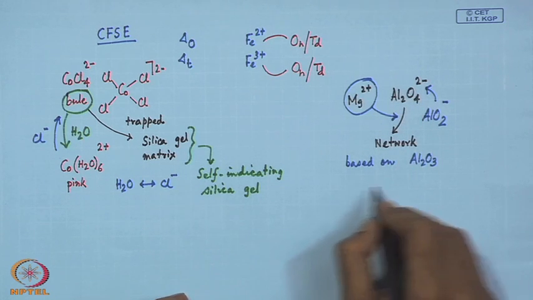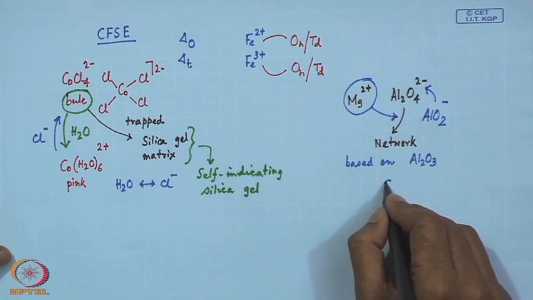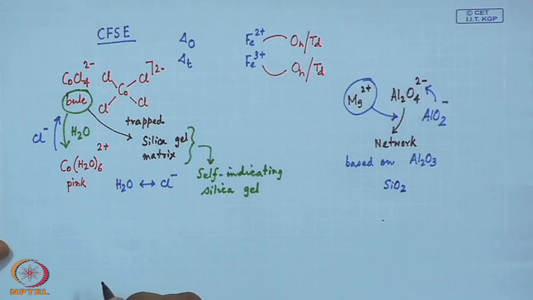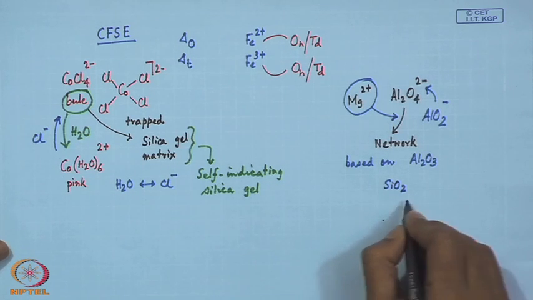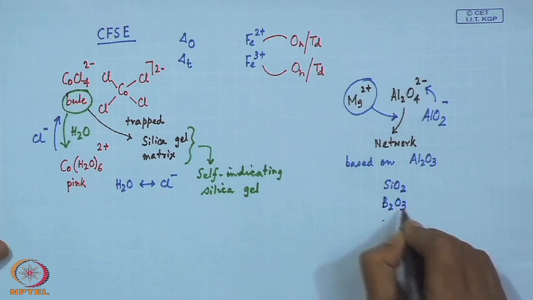So, this can also be some things, that means some silicate minerals, as we all know. So, silicate minerals are all based on SiO2. Similarly, the borates are also based on B2O3.